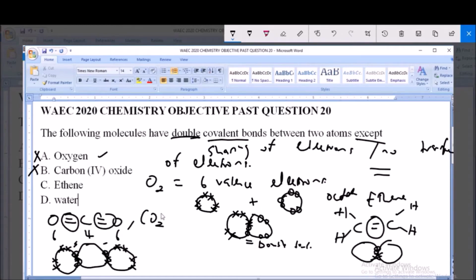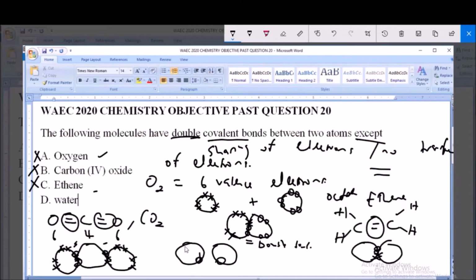And then lastly, like we have rightly said, ethane has a double bond as we have seen here, and hence is not the answer to this question. However, for a water molecule, what you have is 2 hydrogen atoms, each with 1 valence electron.